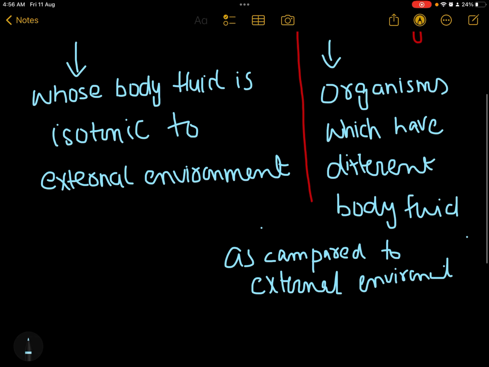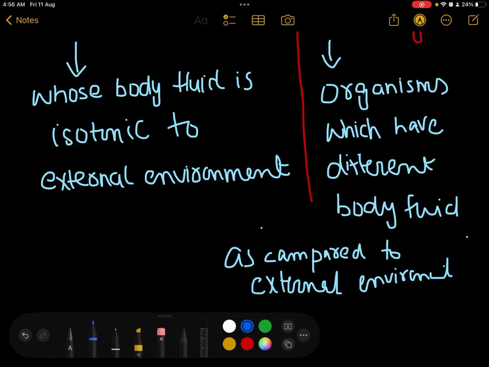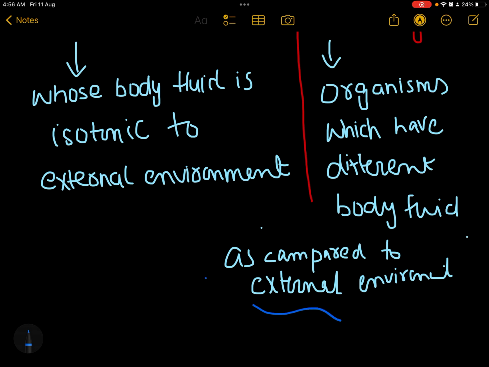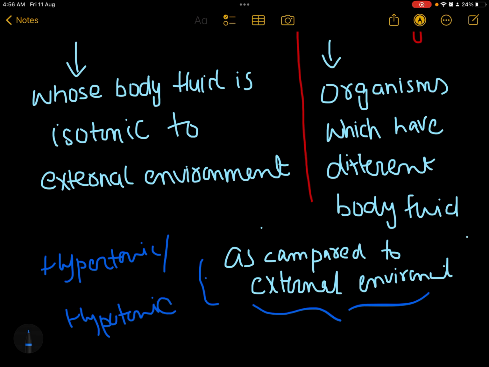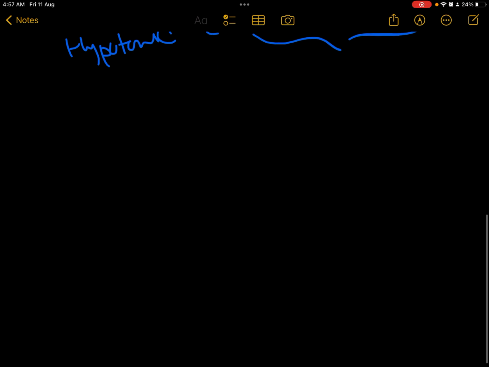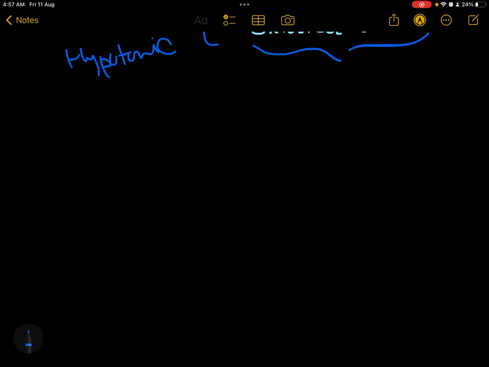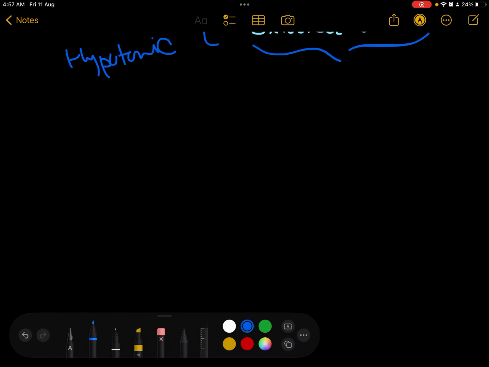Their environment can be hypertonic, or their environment can be hypotonic, but their internal fluid will be opposite to the external environment, right? So basically we have two kinds of organisms: the organisms who live in fresh water and the organisms who live in marine water.